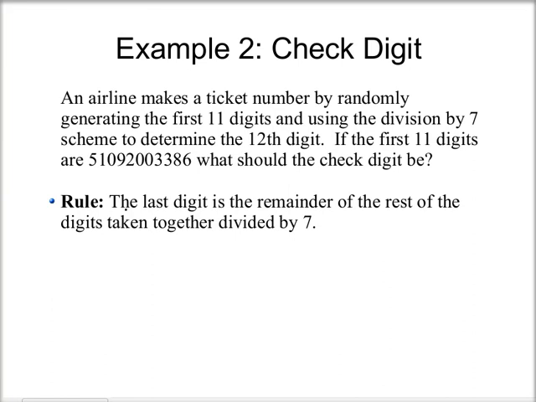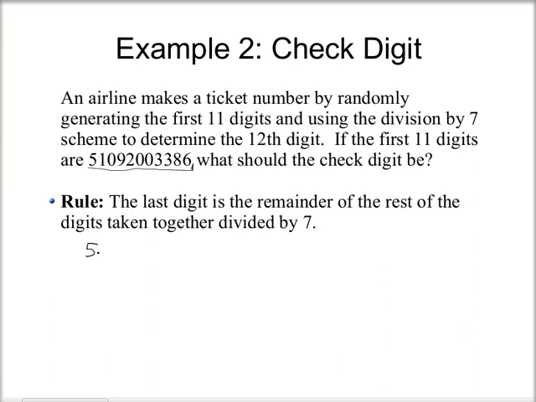So here's a reminder of my rule. The last digit, or the check digit, should be the remainder of the rest of the digits taken together divided by 7. So all I've got here is my first 11 digits. I don't have the check digit added on yet, so I'm just going to look at that. So I want to find the remainder of that divided by 7.